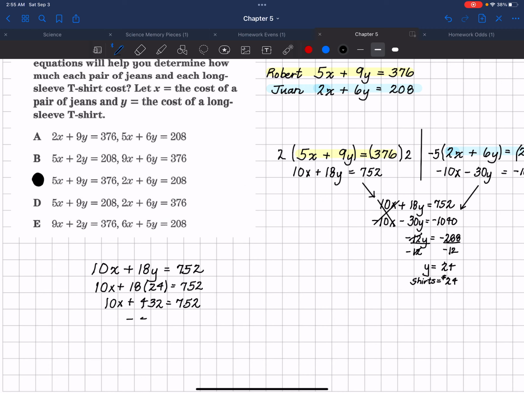So move the 432 and cancel. So 10 pairs of jeans would cost $320. So one pair of jeans will cost $32.